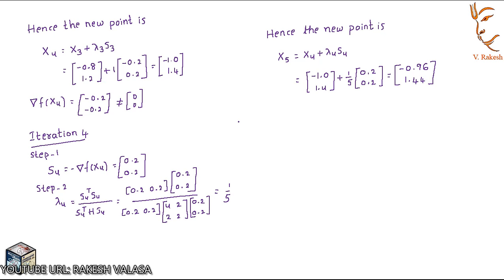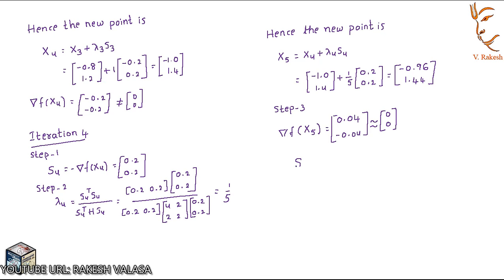Step 3. Calculate the optimum value at x5. That is delta f of x5 equal to, now substitute these x5 y5 values in the delta f equation. We get 0.04 minus 0.04. These values are approximately equal to 0, 0.